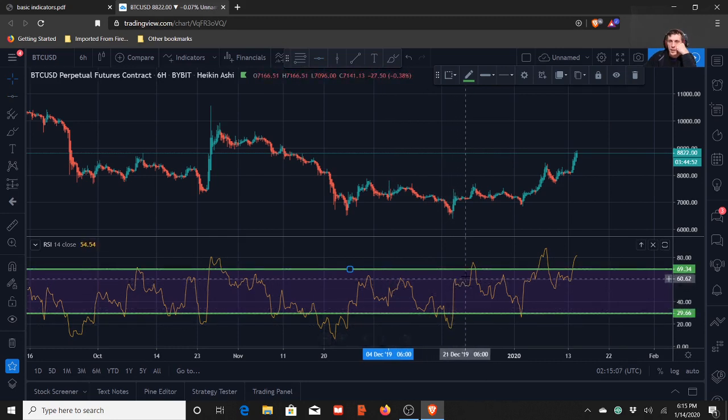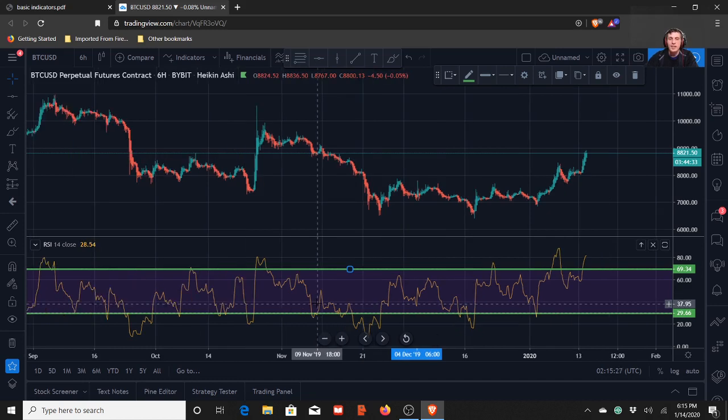And now I'm riding it back up, and boom, we break the overbought, and now I wait. Right back down to the 70 line, and that's where I'm going to take profit. Okay? Simple. Super, super simple.